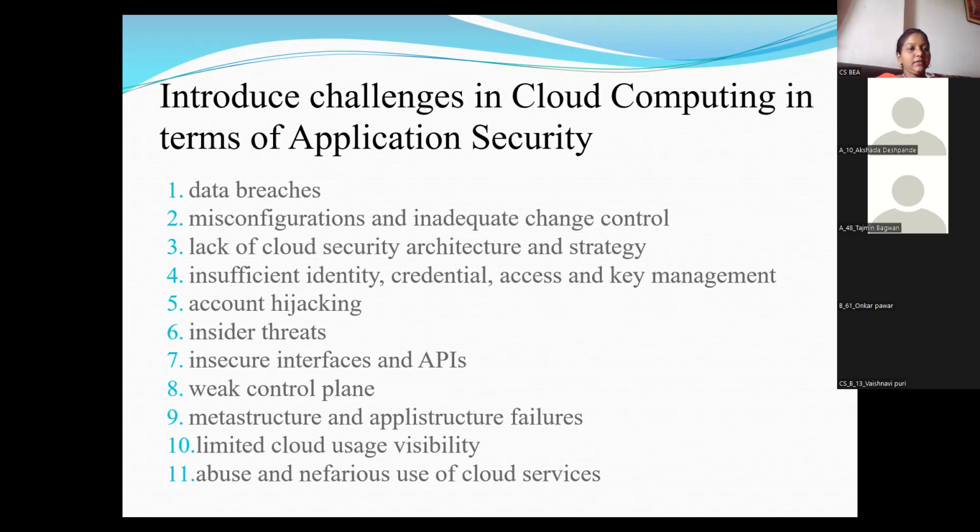Then practicing strict IAM controls for the cloud users and identities. Then rotating keys, removing unused credentials and access privileges, and employing central programmatic key management.